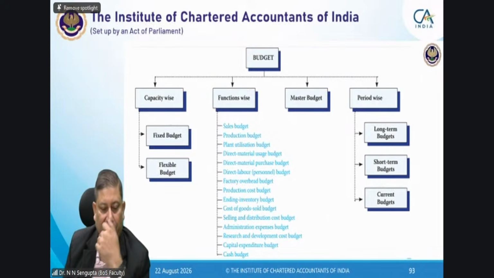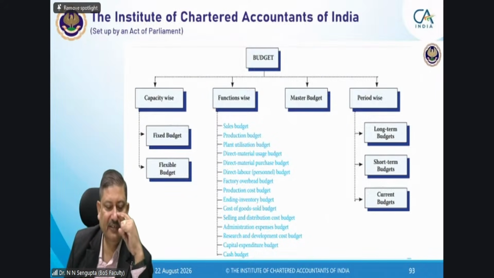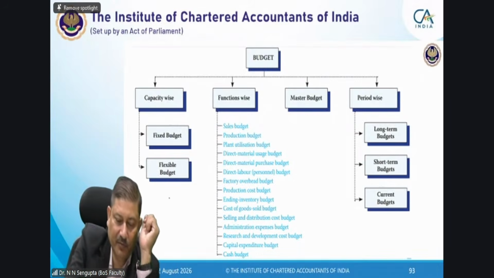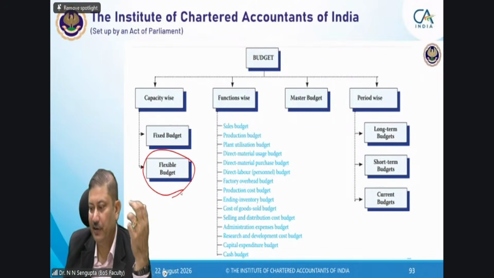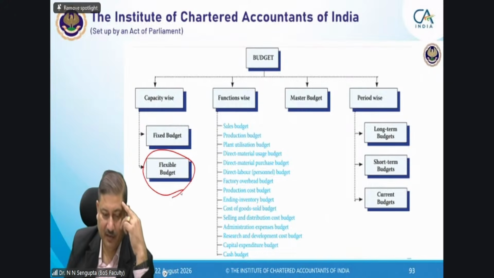Further, capacity-wise, this will be fixed and flexible. Flexible is probably the most important concept we learned from here, and a lot of numericals we generally practice from the flexible budget.